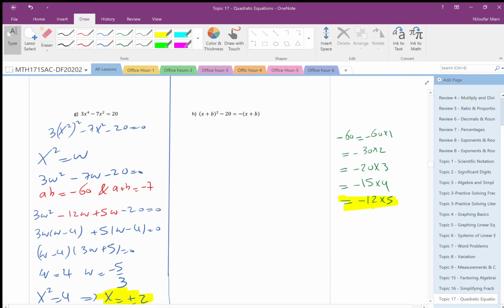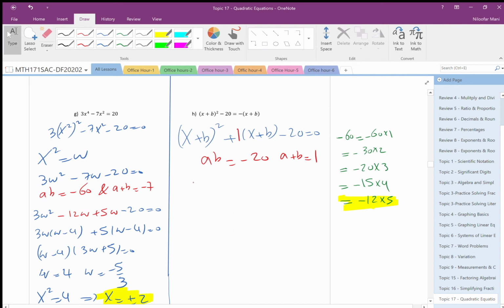And how about this one? This one, I have x plus b power 2 plus x plus b minus 20 equals 0. I don't need to expand it. I showed you this before. So I have something power 2, the same thing power 1, and minus 20. So I'm looking for two numbers. If I multiply them, minus 20, if I add them, 1. How do I know here?